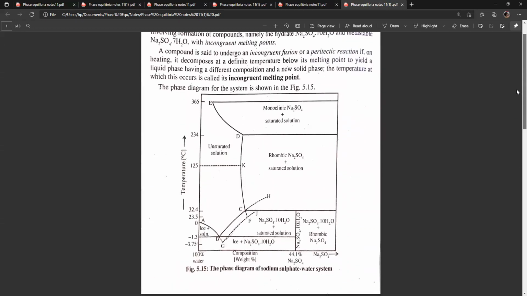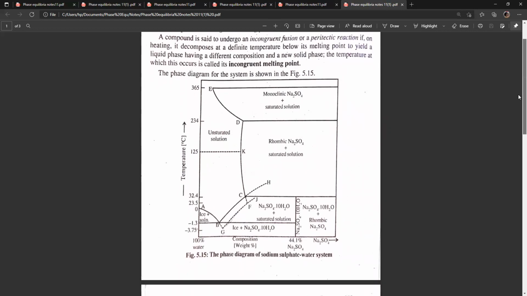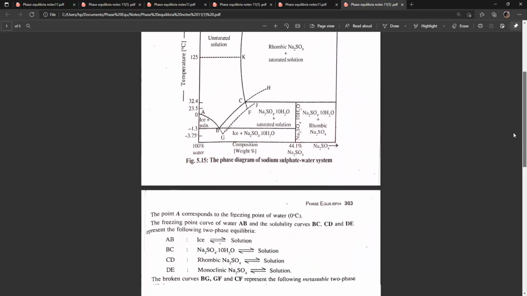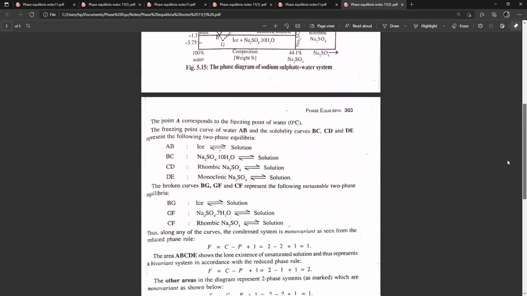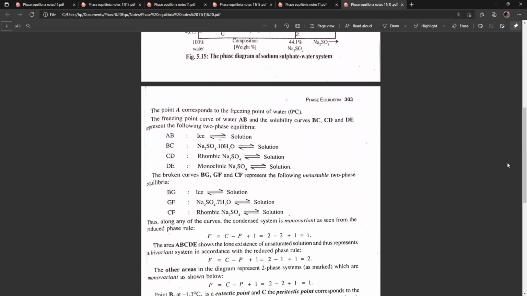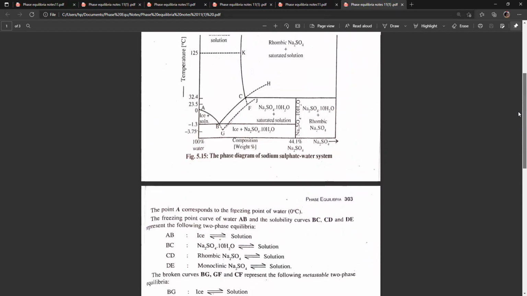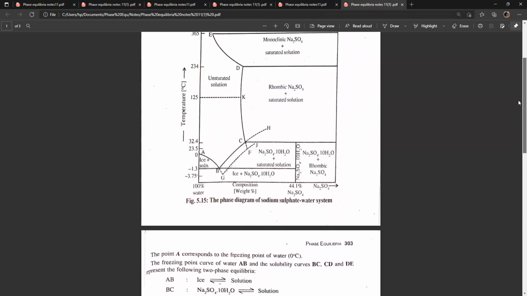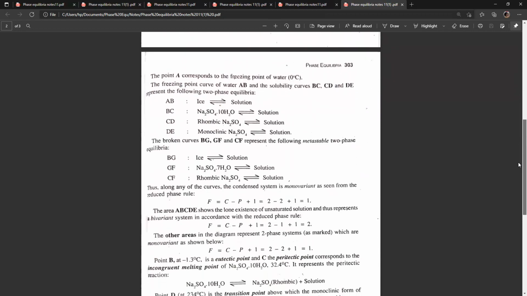All the areas above the curves are unsaturated solution, that is a homogeneous solution, so on applying the phase rule the degree of freedom is 2. In all areas just below the curves, one solid phase is in equilibrium with the solution, and the system is monovariant.